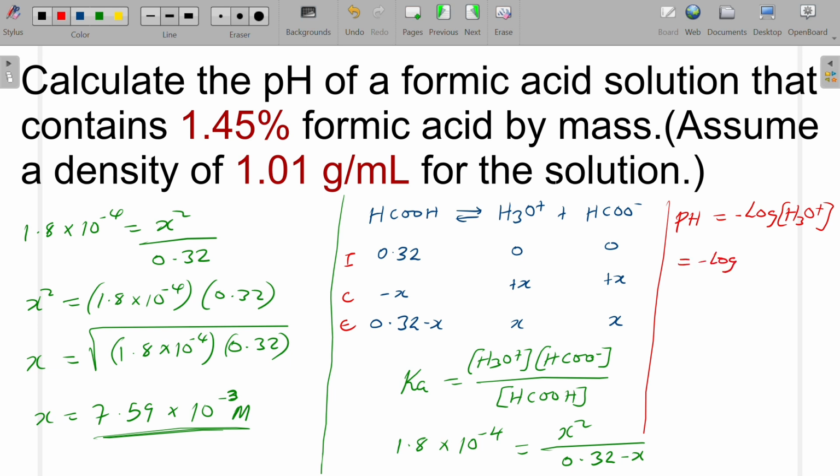This will be equal to negative log of 7.59 times 10 to the power of minus 3. When we punch our calculators, negative log of 7.59 times 10 to minus 3 is giving me 2.12. So this is the value of our pH.